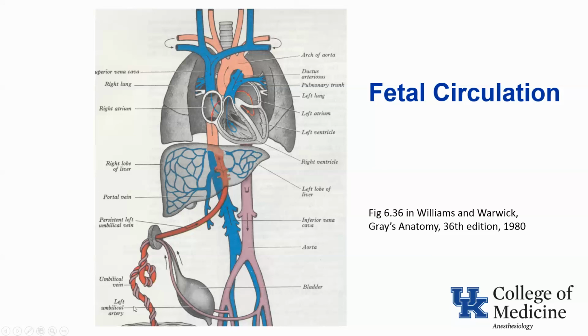The oxygenated blood from the placenta then comes back from the umbilical vein to the inferior vena cava, where it is diverted into the left heart and into the ascending aorta. So the heart and the brain get the most oxygenated blood in the fetus.